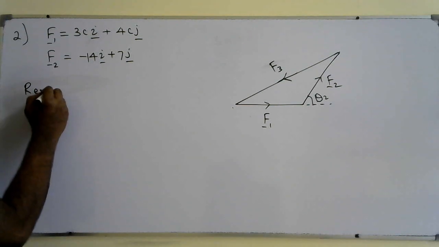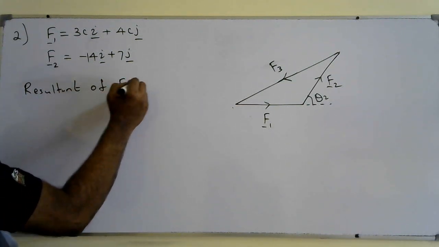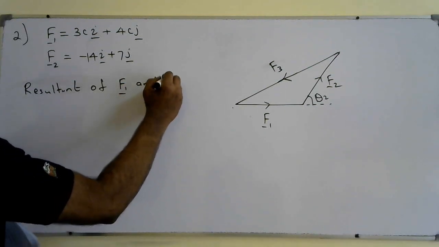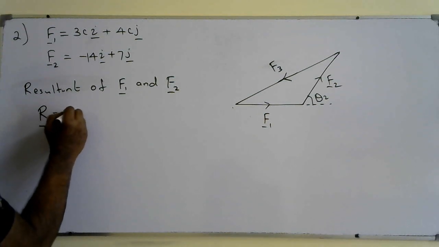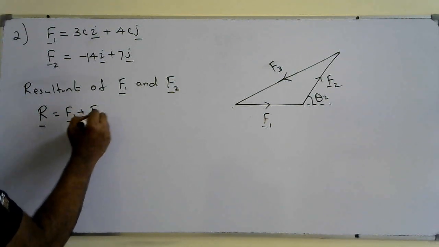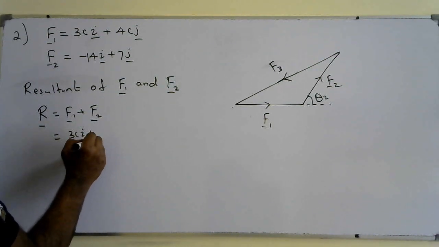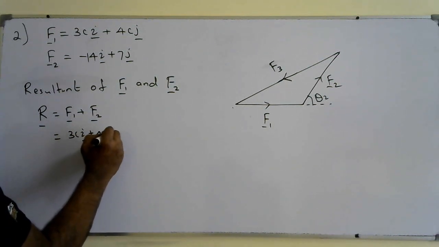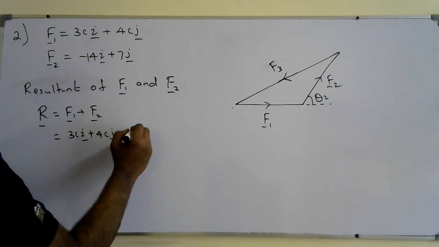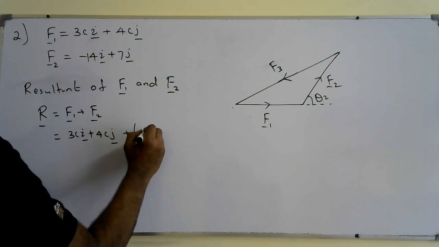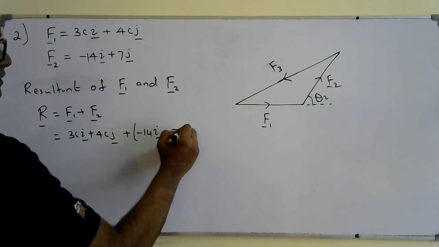The resultant vector of F1 and F2 is F1 plus F2 vector addition. So F1 is 3ci plus 4cj, F2 is minus 14i plus 7j.